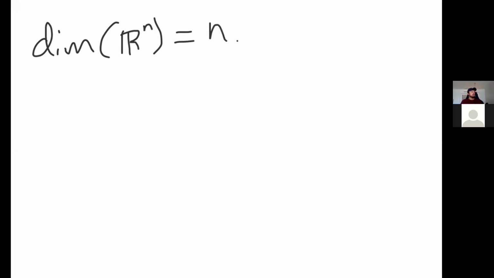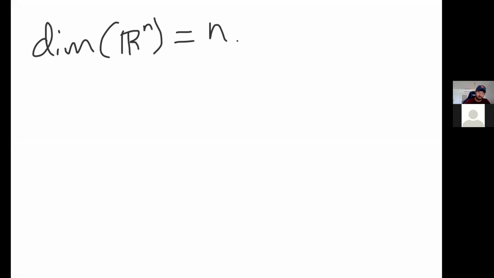Okay. If you wanted to confirm, you'd be able to create a basis. And a nice, very simple basis for any Euclidean space is just having vectors, with the number of vectors equaling the number of entries you have for each row.